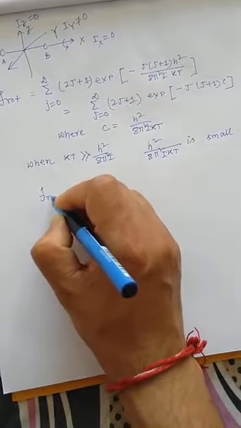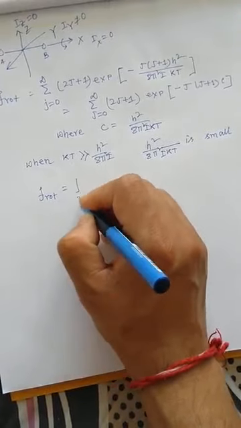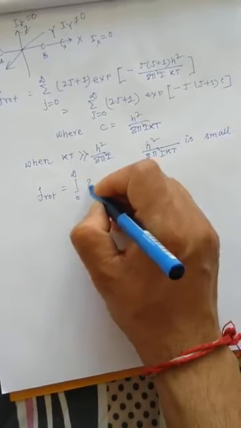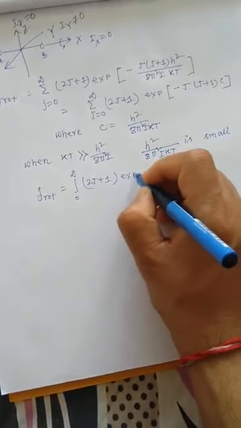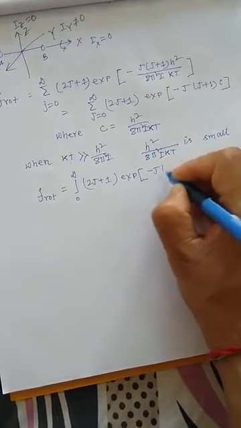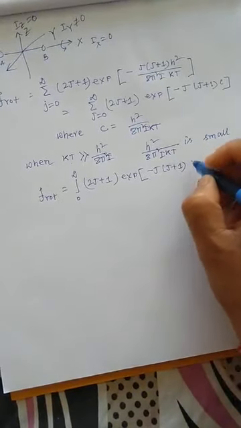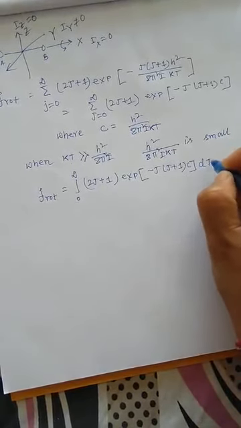That means f rotational is the integral from 0 to infinity of (2j plus 1) exponential minus j(j plus 1)c dj.